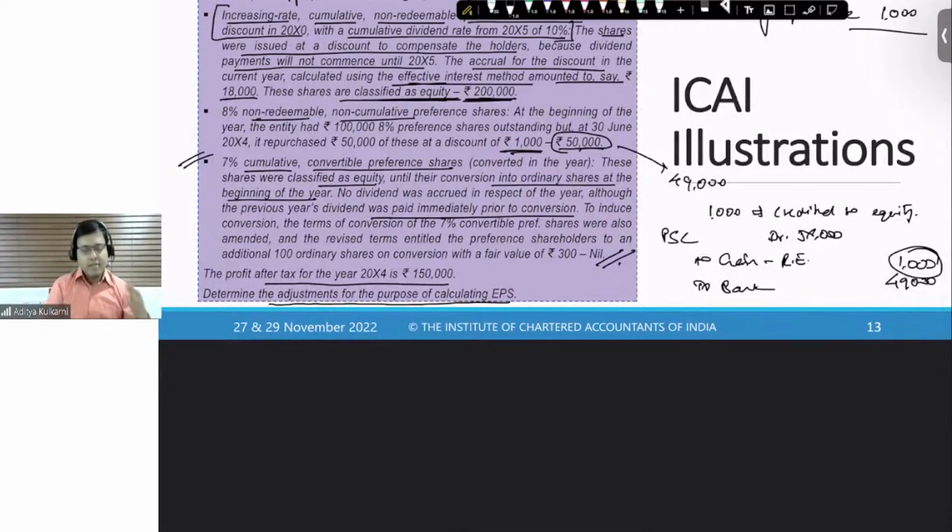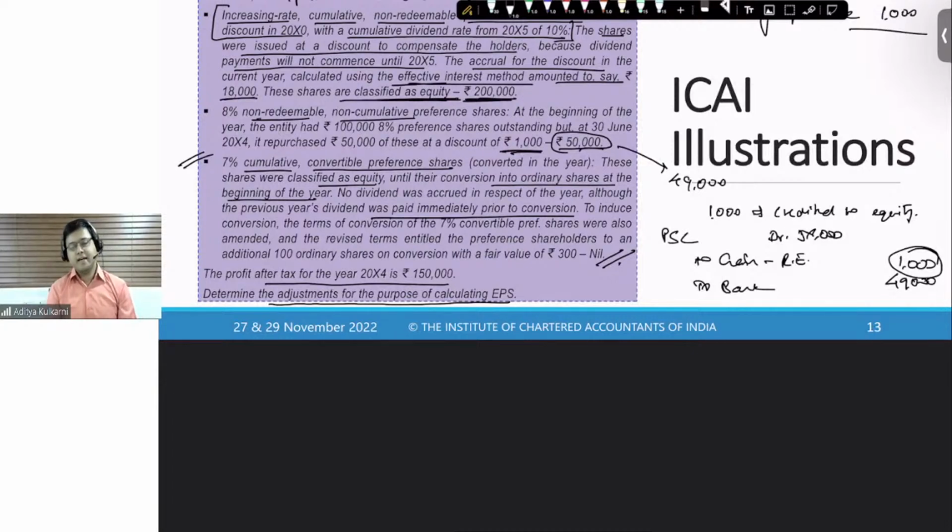Now, to ensure that they are willing to convert, you are changing the terms of conversion for all the preference shares. What you are going to give is an additional 100 ordinary shares with a fair value of 300. Was this decided earlier? No. This was decided now.